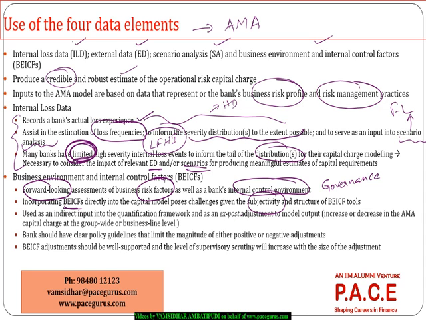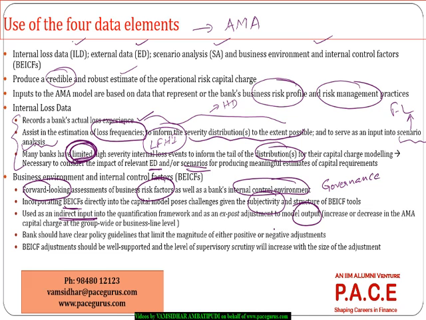All the BEICF tools are more and more subjective in nature. So in general, all these BEICFs are used as an indirect input into the quantification framework. So basically, once the output comes, I do a plus or minus to that, either at a group level, or at a business unit level, or at the entire business line level.